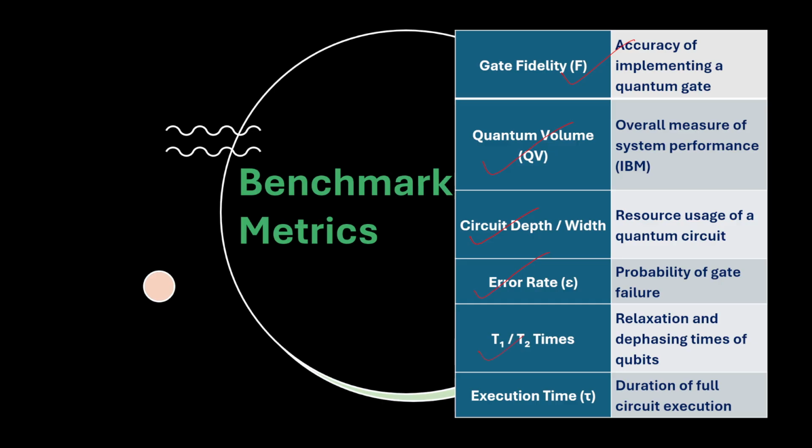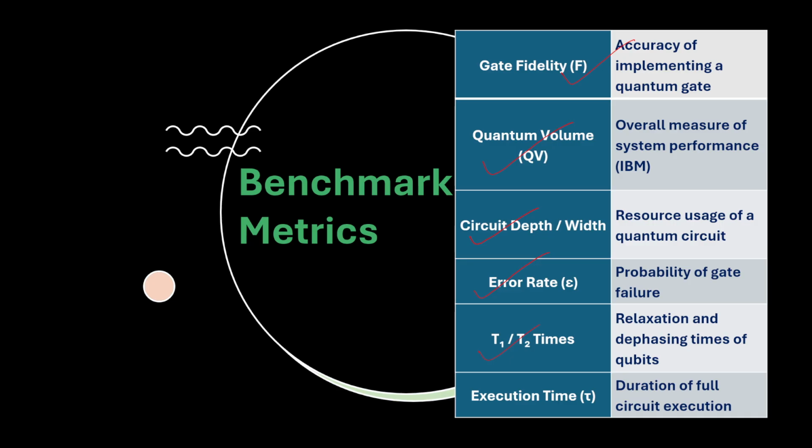So another parameter is T1 and T2 times. They are like coherence times. If we measure T1, it shows a relaxation time. Relaxation time is like energy loss in the whole system. And the T2 time is a dephasing time. So what is dephasing time?